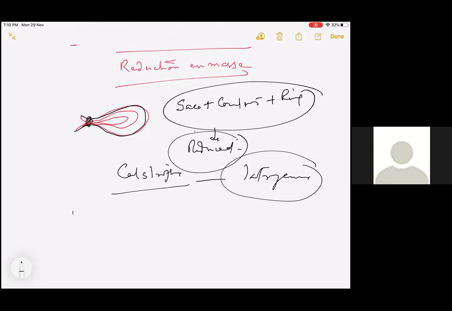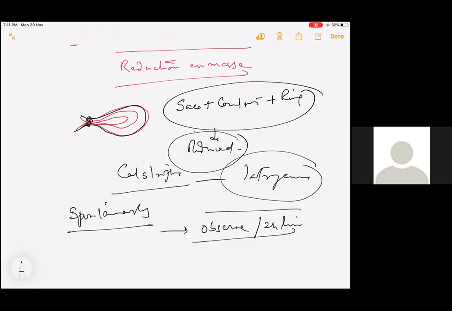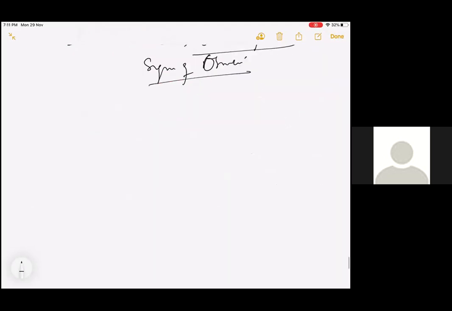Suppose it reduces spontaneously on sedation, which happens in a majority of cases, then you will observe for 24 hours. Keep the patient admitted for any signs of obstruction, because reduction in mass could have happened automatically also. This was the point I wanted to make.